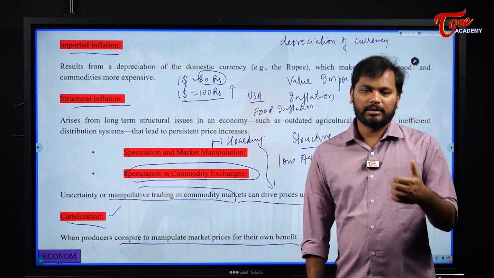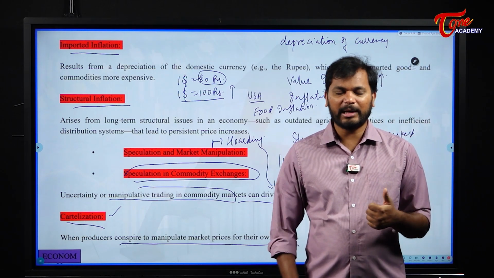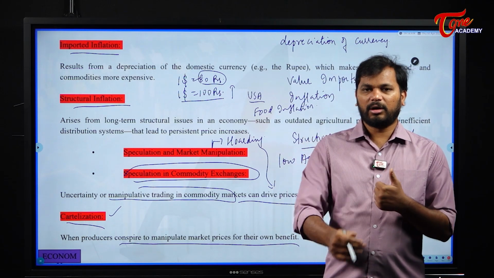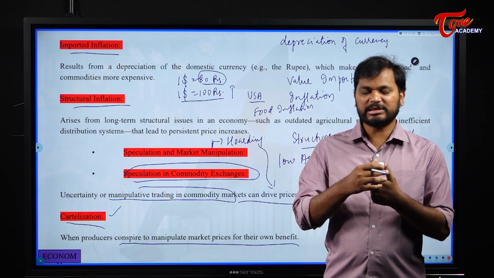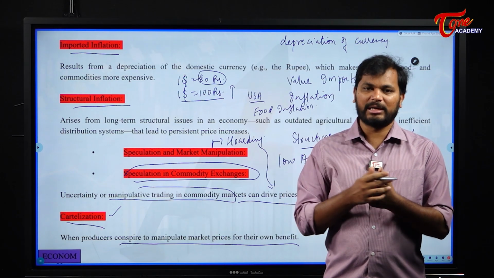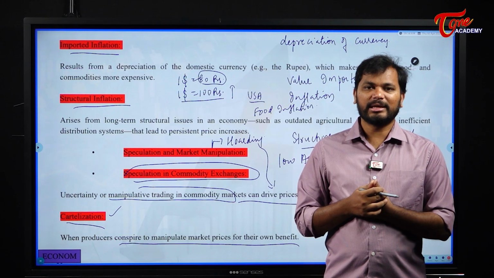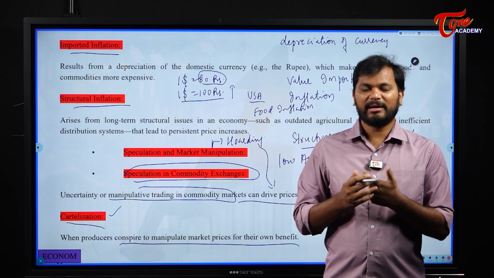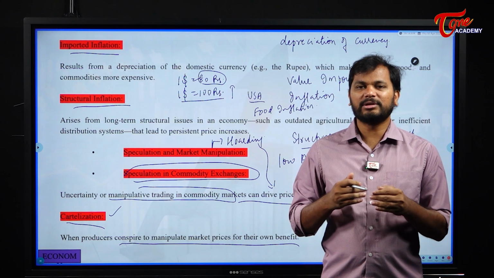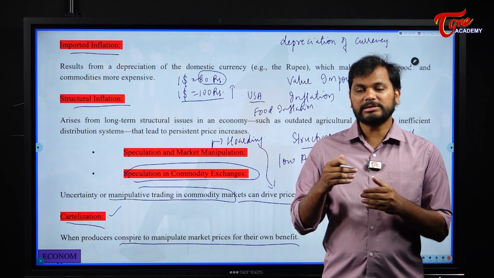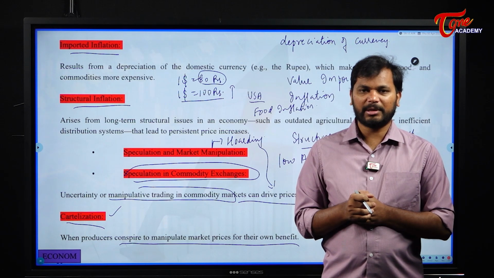Okay, now the questions with respect to demand pull inflation can be asked in such a way as what might create demand, what are the factors for the increased demand. The question with respect to cost push inflation can be asked: what leads to the increased cost of production with respect to a particular good.